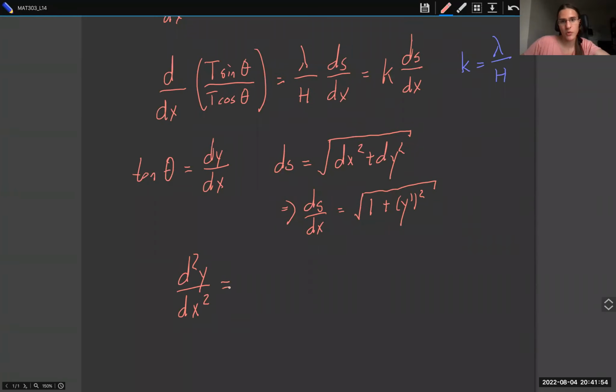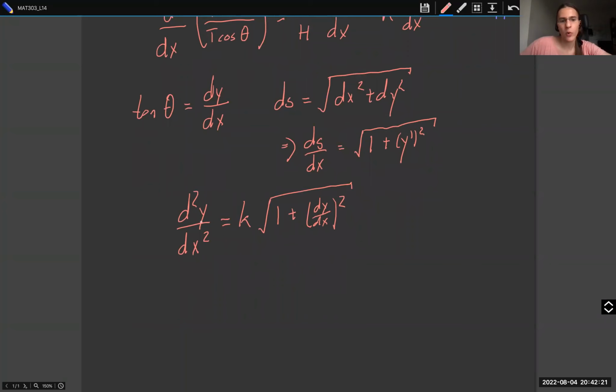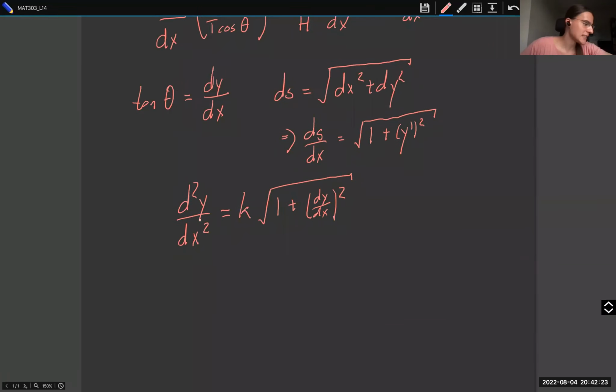This is equal to k square root 1 plus dy dx squared. I'll write it like this. Now, that equation is a nonlinear equation. However, what we're going to do is reduce it to a first order equation, and then we're going to do some cleverness. So in order to reduce it to a system, we'll let u equal y prime.